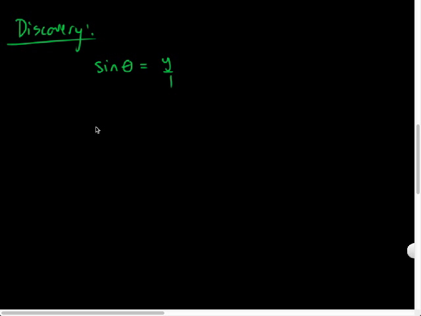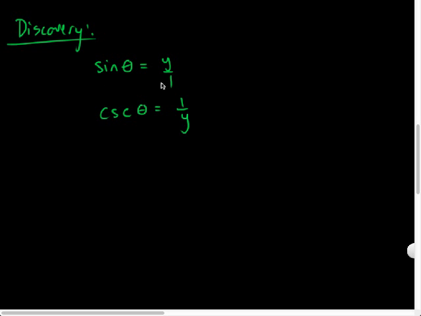We know that cosecant theta, my bad, is equal to 1 over y. So if I could combine these two facts that I know into a third also true statement, I will have discovered a trigonometric identity.